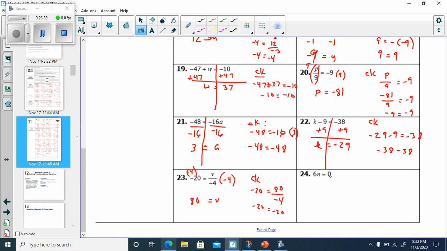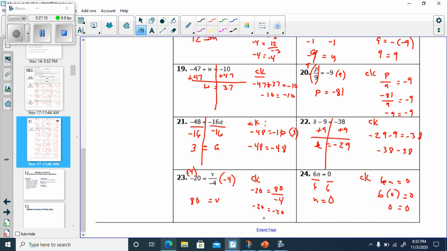Yes, it is. And then this last one, 6 times n equals 0. The opposite of multiplying is to divide. When I divide both sides by 6, I get n is equal to 0 divided by 6, which is 0. Let's check that. If 6 times n equals 0, then that means 6 times 0 equals 0. And anything times 0 is 0, so that is indeed true.